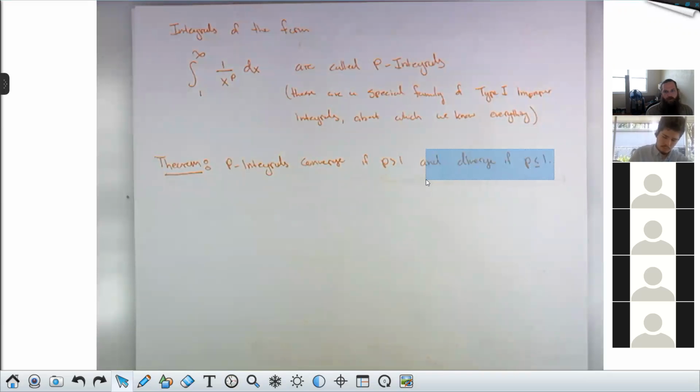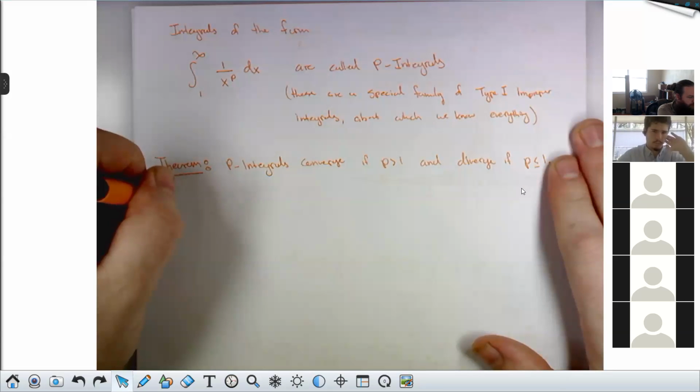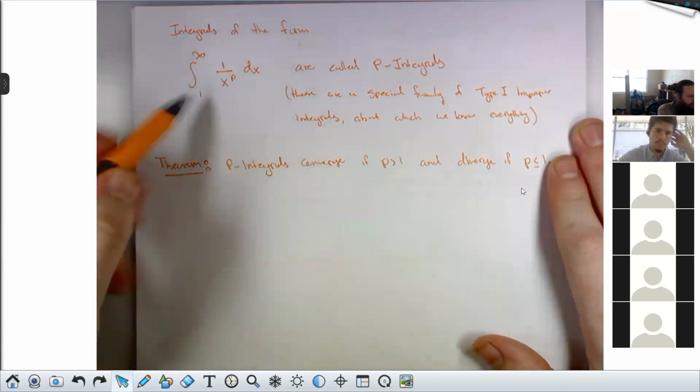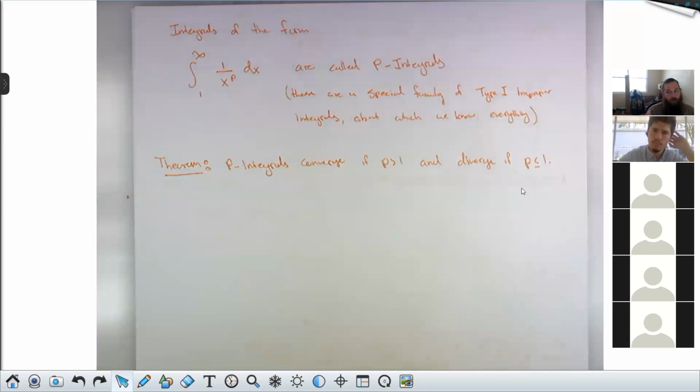So I claim for any negative power, you'll have a divergent integral. Wouldn't that basically be a polynomial? Well, yes, but only with one term. Like the integral from 1 to infinity of x squared is included in this, because that's 1 over x to the negative 2, and negative 2 is less than or equal to 1. So that would be a divergent integral.